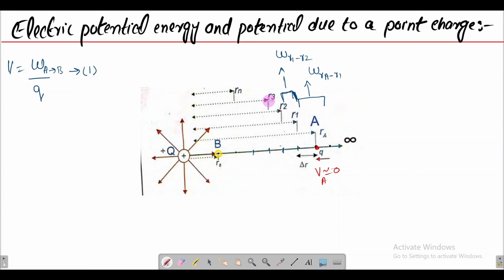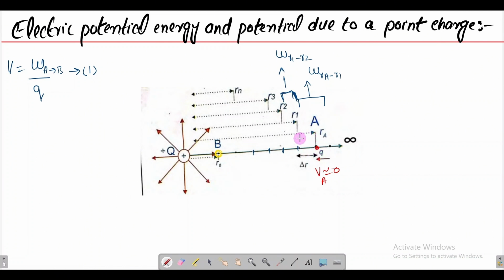These R1, R2, R3 are nothing but the distance up to that step. So here we have RA, which is the distance between this positive source charge and this test charge.